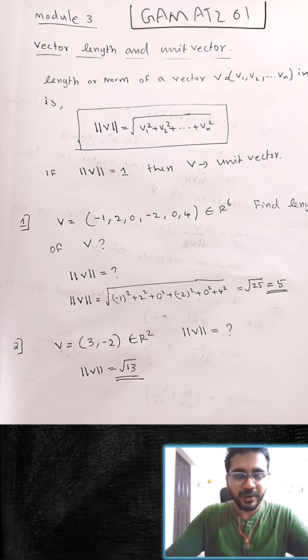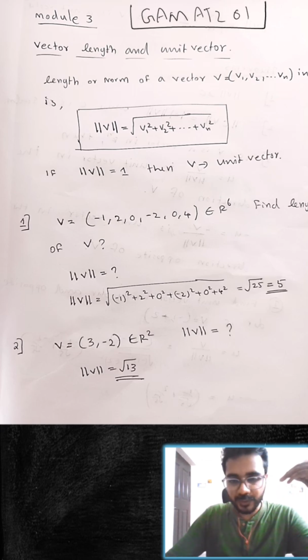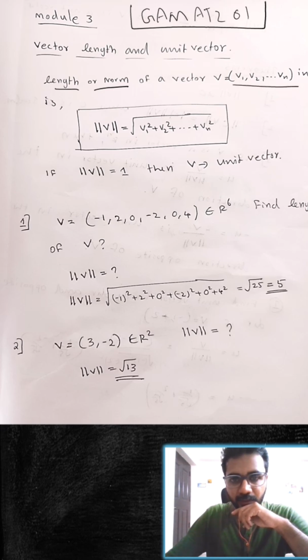A vector, we all know what is a vector. A vector has both magnitude and direction. So I'm directly jumping into the length of a vector. Length or norm of a vector v, where v is defined as n dimensional, like v1, v2, up to vn.